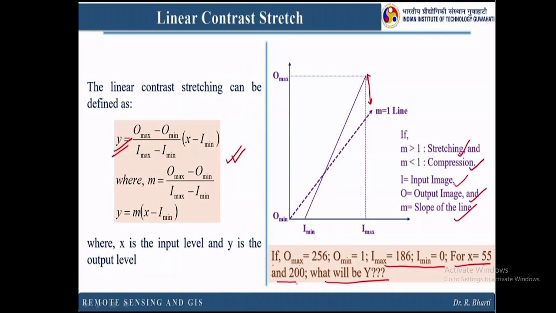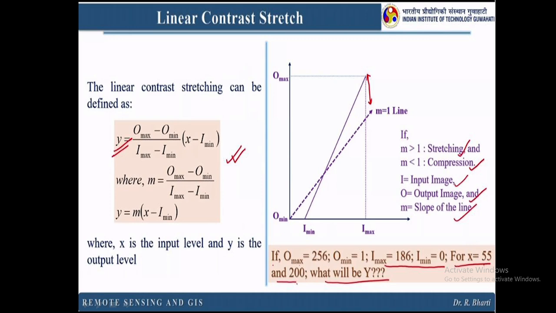Here m greater than 1 is stretching, m less than 1 is compression, and m equal to 1 is the line. Output is represented vertically, and input minimum and input maximum horizontally.